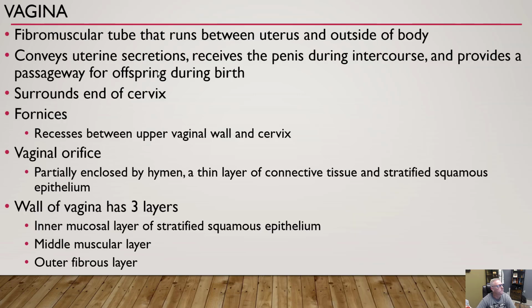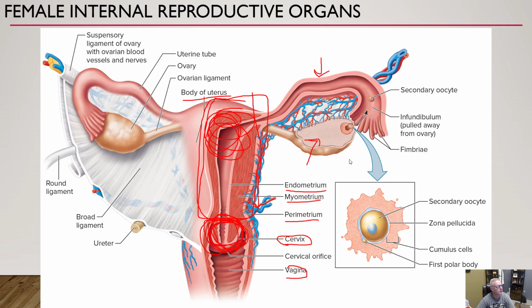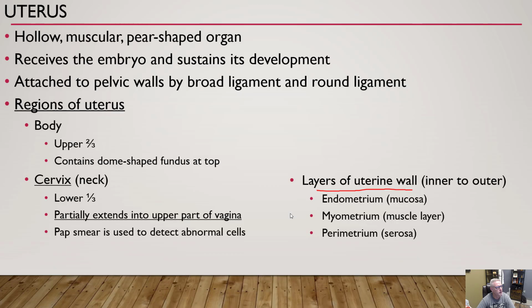All right, so the vagina itself, it's a very muscular tube that runs between the uterus and the outside of the body. Here, we can't really see it, but you can see those rugae or those folds in the vagina. So it's very muscular.